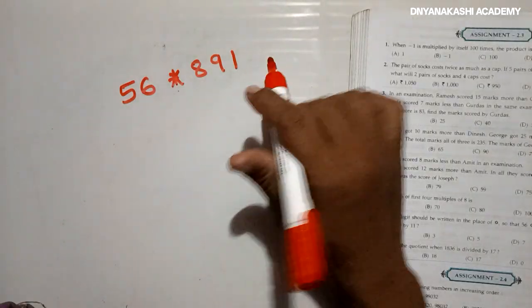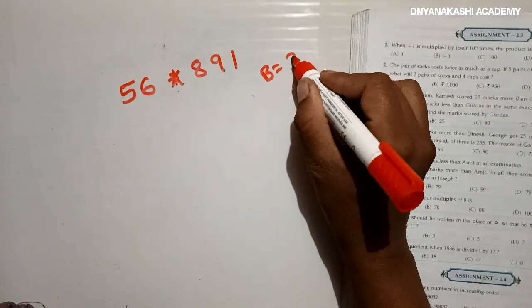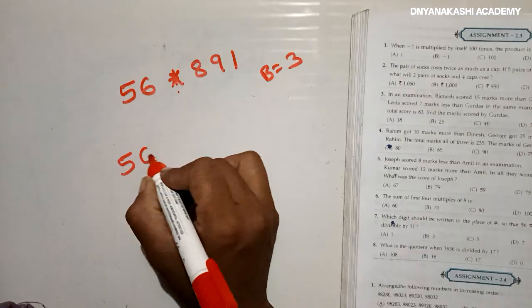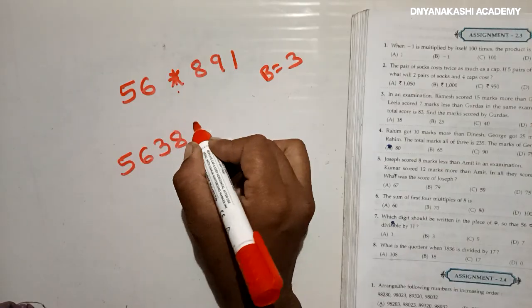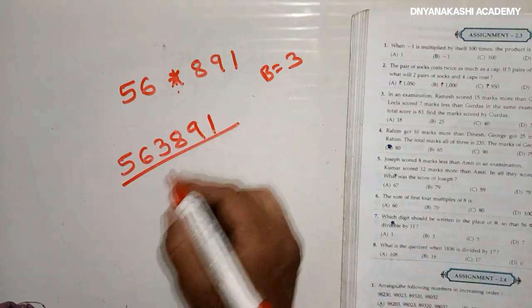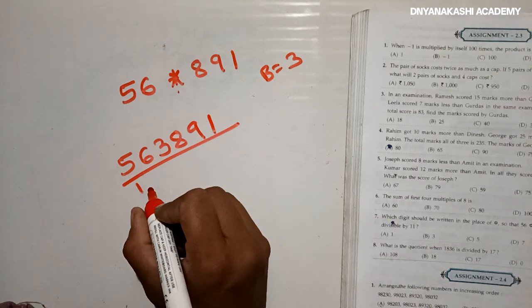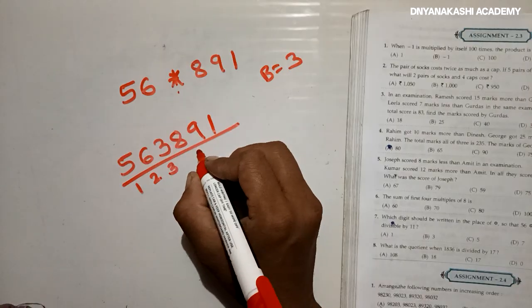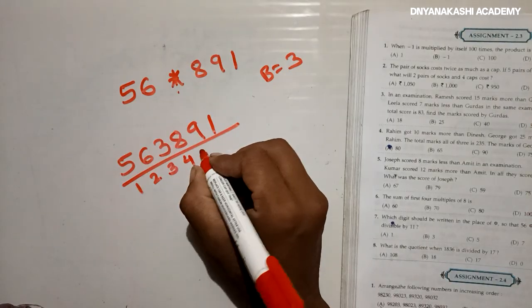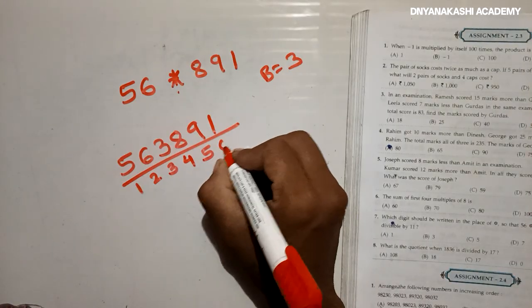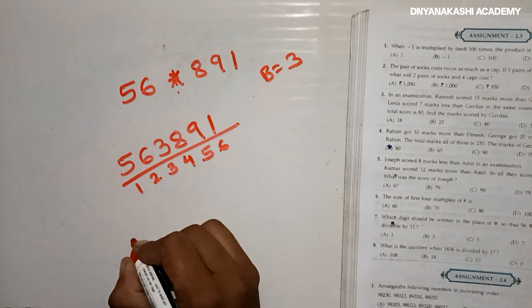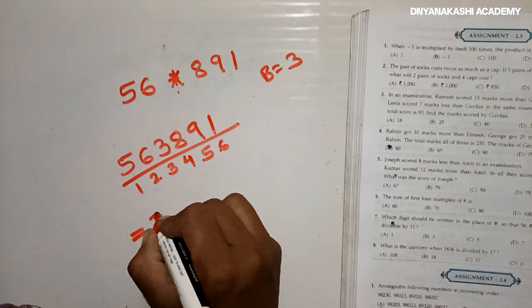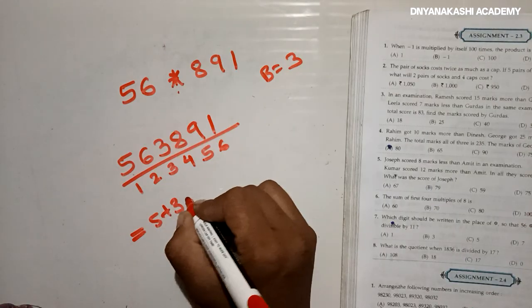So option B, B is equal to 3, given. I put 3 in the place here: 5 6 3 8 9 1. And the odd place is 1, 2 even place, 3 odd place, 4 even place, 5 odd place, and 6 even place. First I do the odd place number addition: 5 plus 3 plus 9.